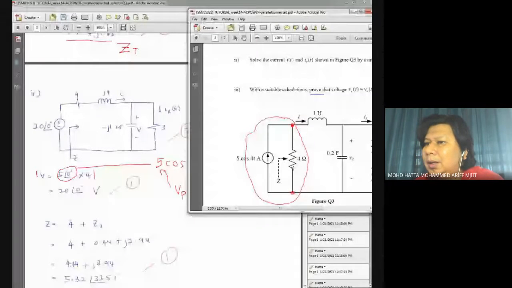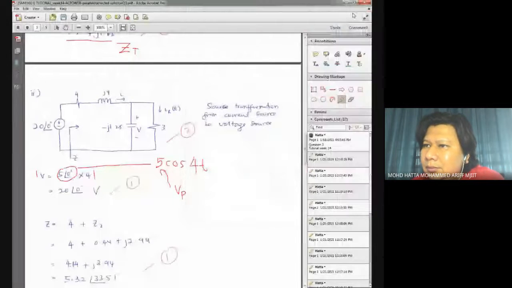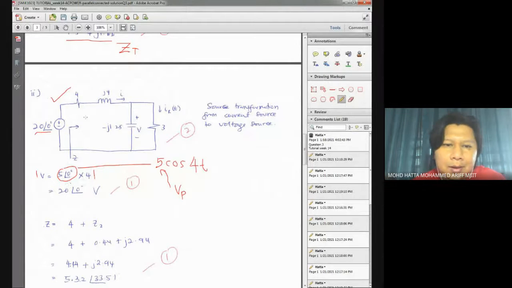Then we convert this part into this circuit. So we have voltage in series with a 4 ohm resistor, and you can easily get the value of voltage by multiplying with the resistance that you had in parallel earlier. So at this point, voltage can be easily calculated and the circuit should be transformed into a series connected circuit.